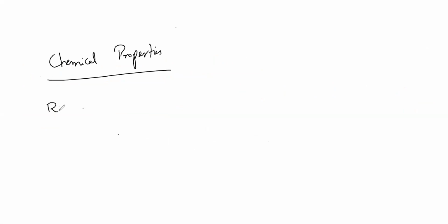The next one, chemical properties of alcohol. This they can ask. Okay. First thing is what I wrote earlier: ROH plus HX will give you RX plus H2O. H2O I'm not writing, I told you that is not required.